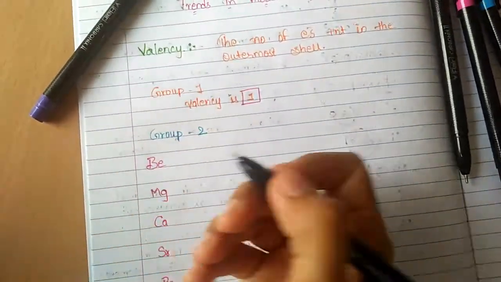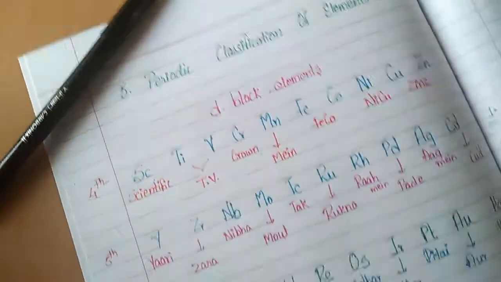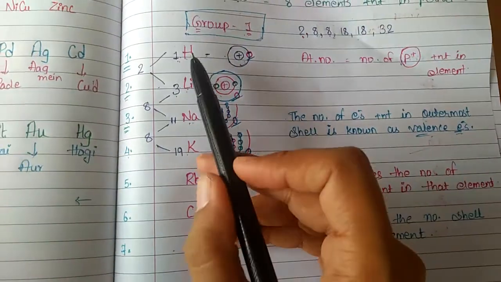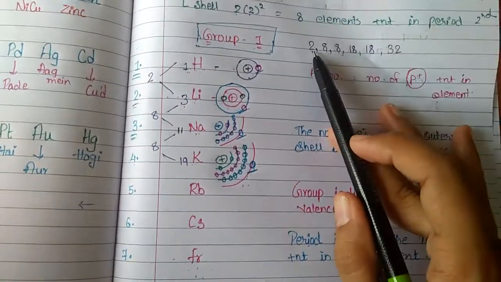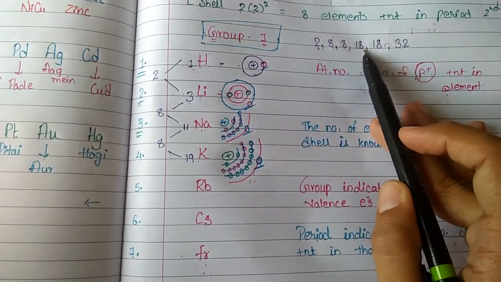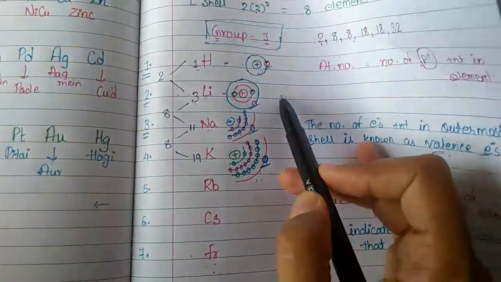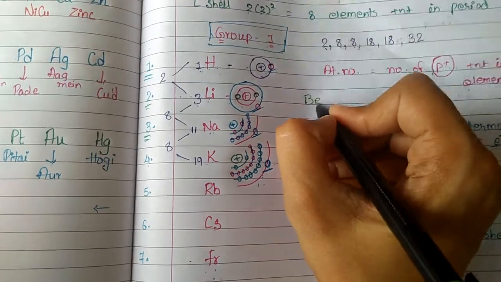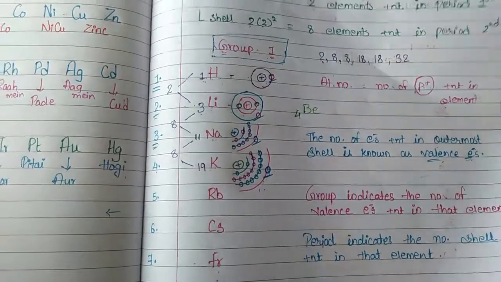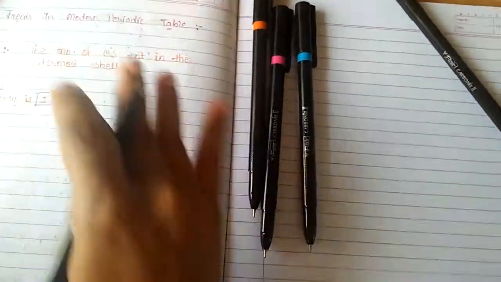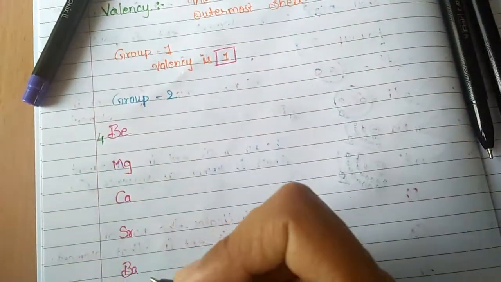Yesterday we learned that if we want to know the atomic number of any particular element, we just need to add these numbers: 2, 8, 8, 18, 18 and 32. After lithium, beryllium occurs, so the atomic number of beryllium is 4. Group 2 elements start with atomic number 4.